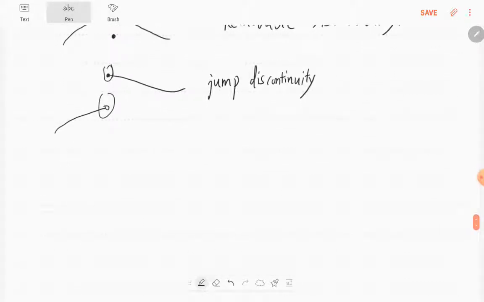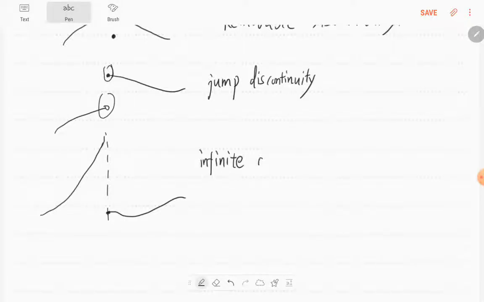Another one is, for example, this one. You see, this is a vertical asymptote. On the left side, it will approach this vertical asymptote forever. So this kind of discontinuity is called infinite discontinuity.